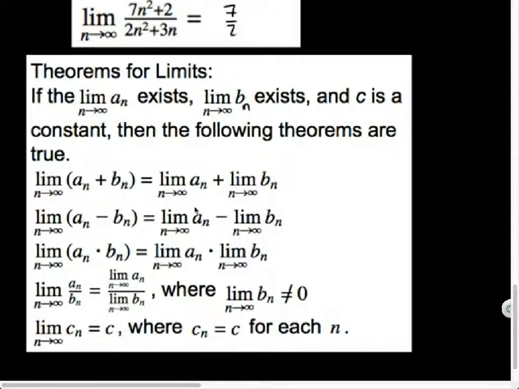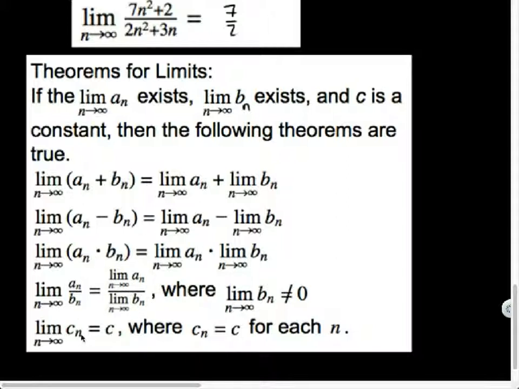The limit of a difference is the difference of two limits. The limit of a product is the product of two limits. The limit of a quotient is the quotient of two limits, where the limit of the denominator can't be 0 because that would be undefined if that was dividing by 0.